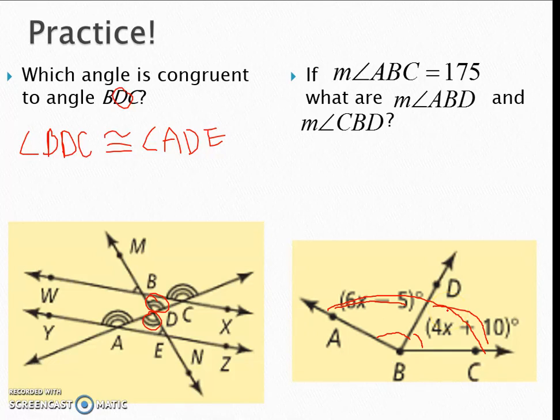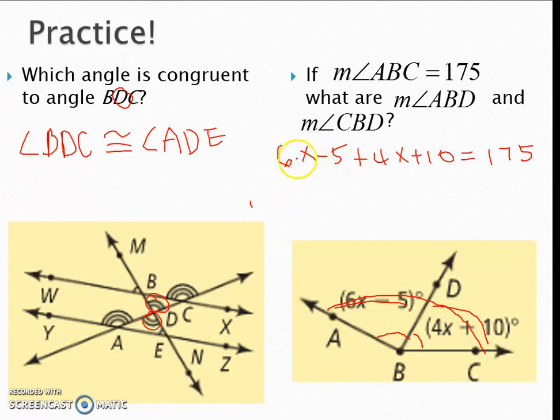So we can write an equation: 6x minus 5, that is the first angle, plus 4x plus 10, together equals 175. Let's solve for x, and then we can find the angles.